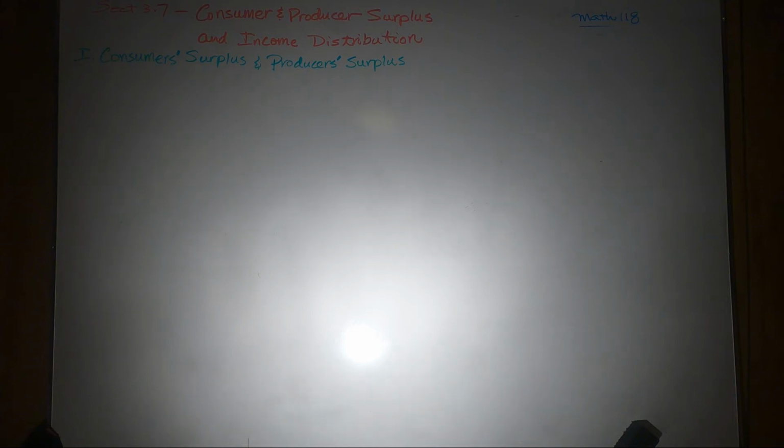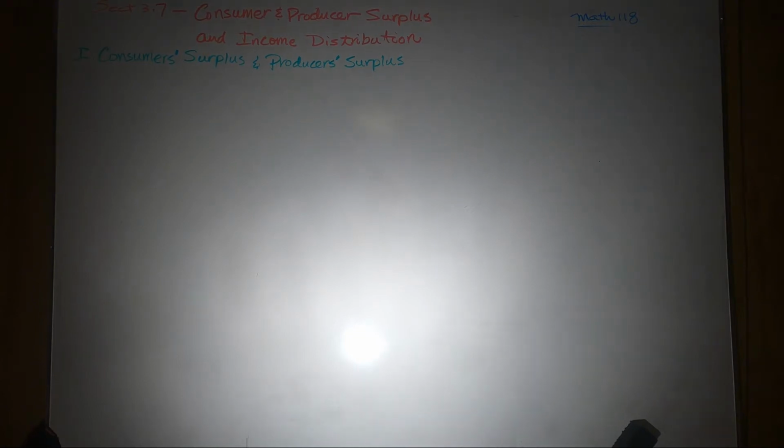In this section 3.7, page 75, we are going to talk about two applications to your business. One is consumer and producer surplus. Another one is income distribution.